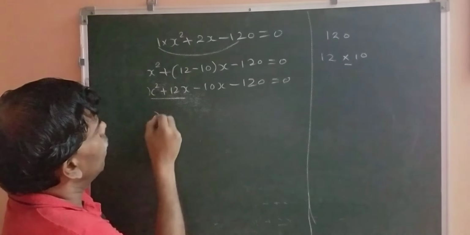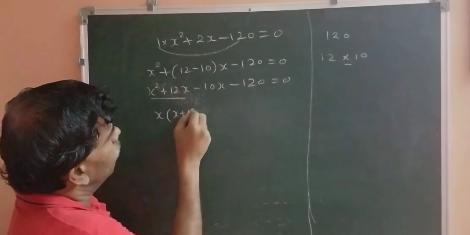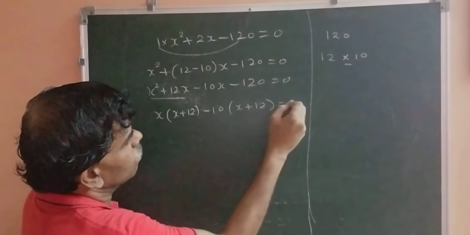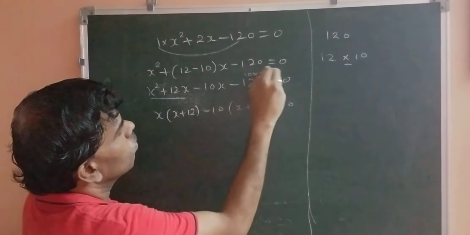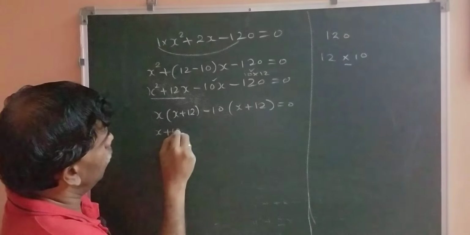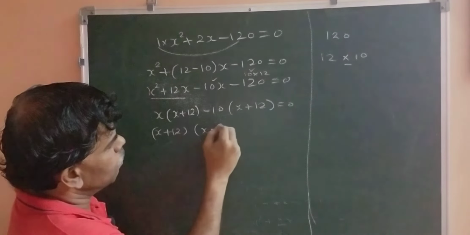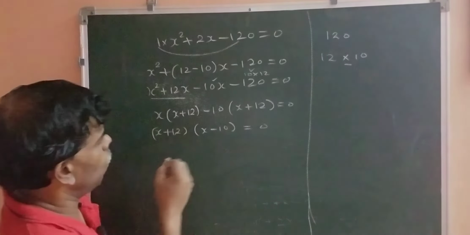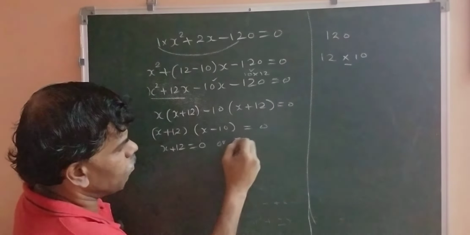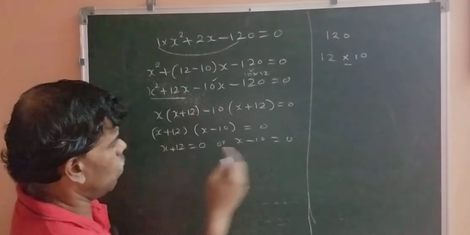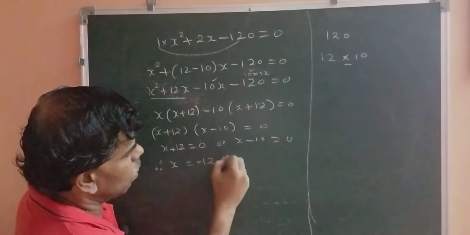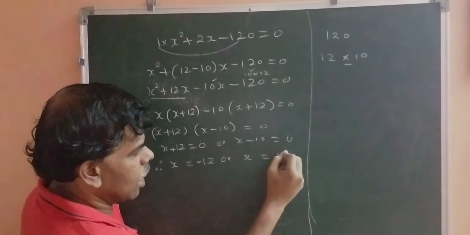Taking common factors, x plus 12 minus 10 times x plus 12 equal to 0. So x plus 12 into x minus 10 is equal to 0. So x plus 12 equal to 0 or x minus 10 equal to 0. Therefore, x equal to minus 12 or x equal to 10.